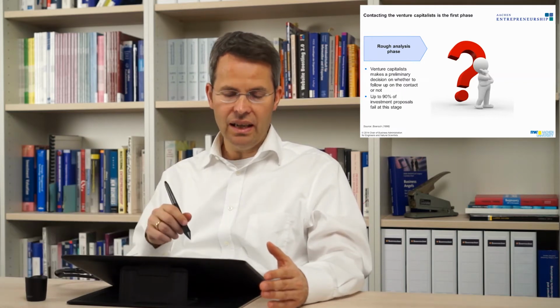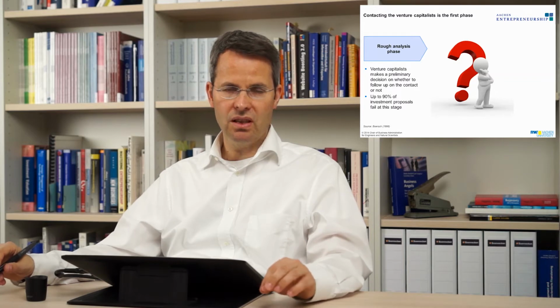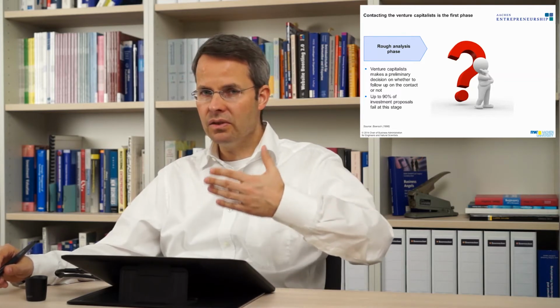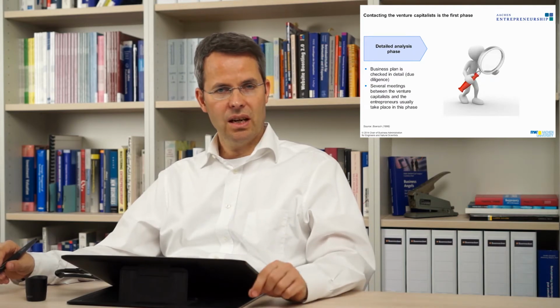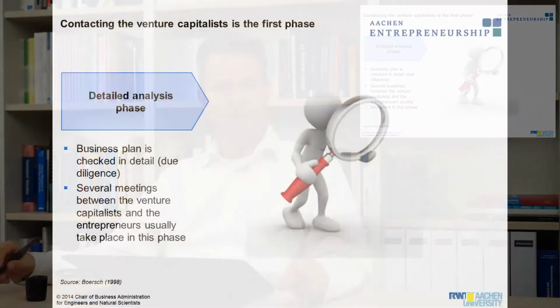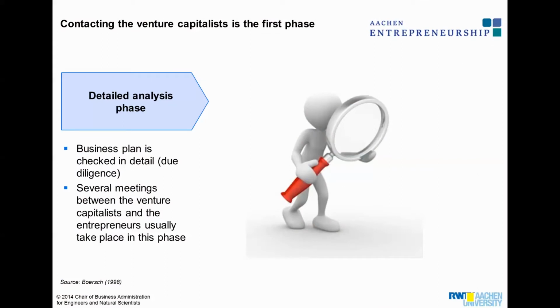If you are in that stage, you have to do a company presentation, you have to present yourself as the management, and then everything is true what we said before. You have to convince in the first 30 seconds to 3 minutes. When the venture capitalist is still interested, he'll go into the detailed analysis phase, and detailed analysis is the due diligence. He's going to look in the business plan in detail, and he's going to look into each document of your company. He's going to talk to everyone in your and around your company and so on.